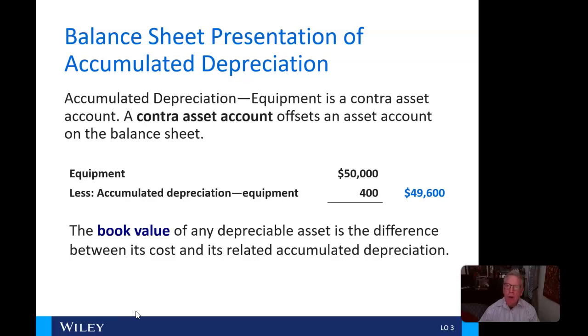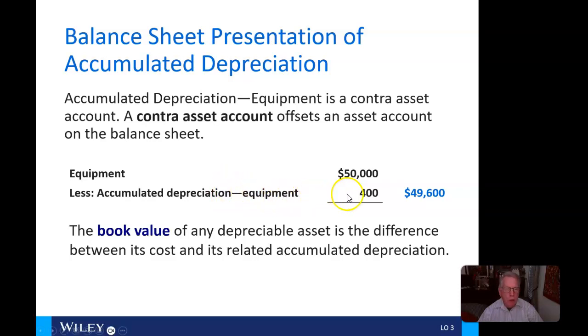When we left off, we were looking at how we present depreciation on the balance sheet. And here you're going to see that our equipment shows what we paid, which was $50,000. And then accumulated depreciation ratchets up every period.